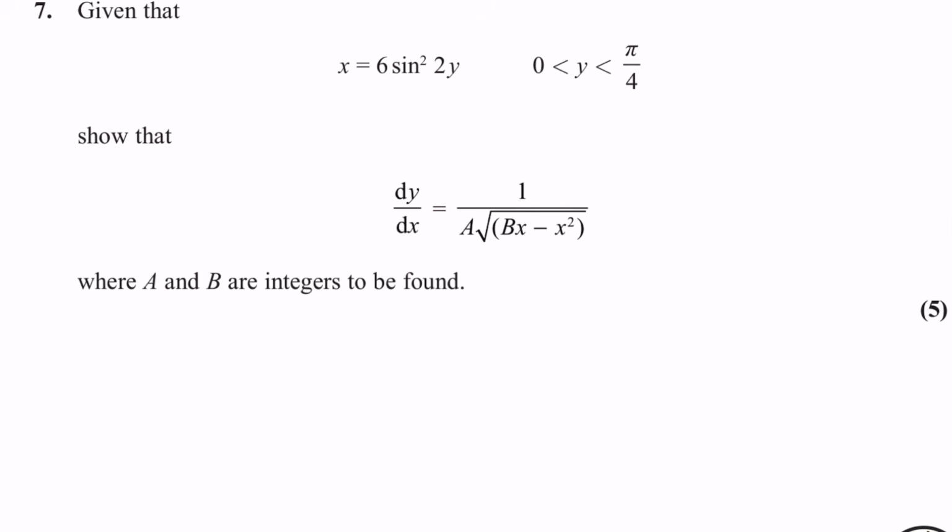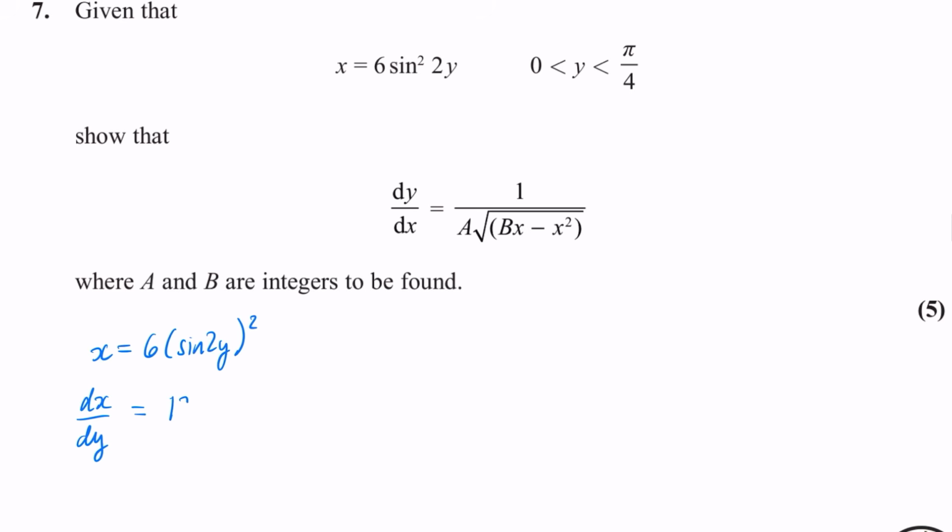We don't really need to worry too much about this part that we've got here. For differentiation questions, I usually like to rewrite it so that we have the sin 2y all being squared like this, and I'll differentiate with respect to y to get dx/dy. So I have 6 times the squared term. I'm going to pull that 2 down so that I get a 12 multiplied by sin 2y. That's how we would expect it to differentiate.